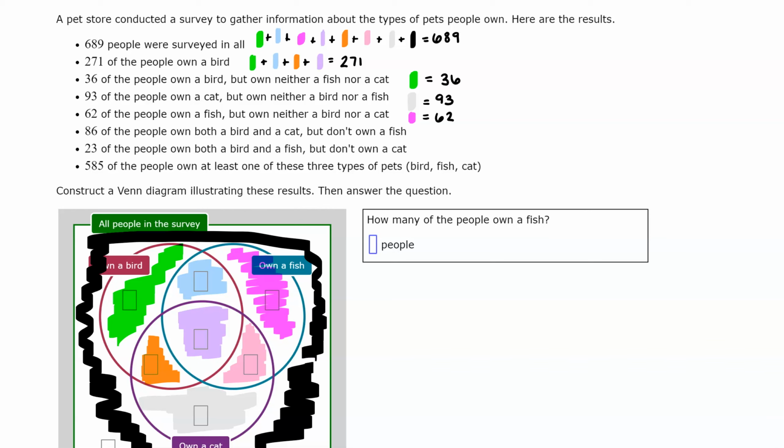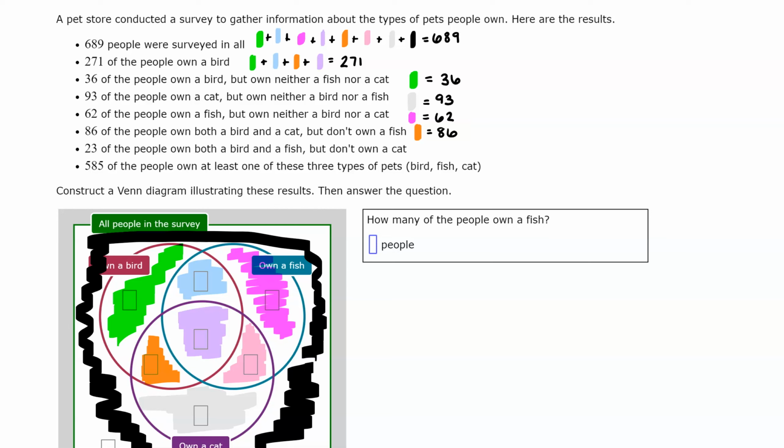So if they own both a bird and a cat, then they have to be in orange or in purple. But this goes one step further: they don't own a fish. So right away, I can see that just the orange room, because the people in the purple room own a fish, right? So just the orange room has to equal 86.